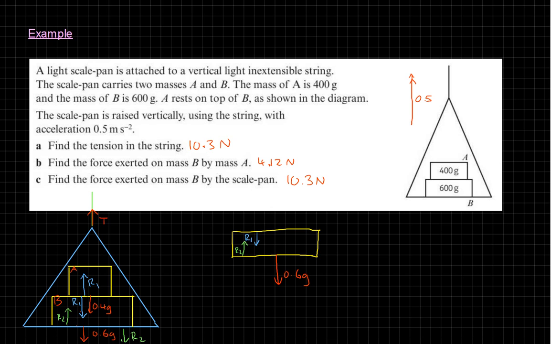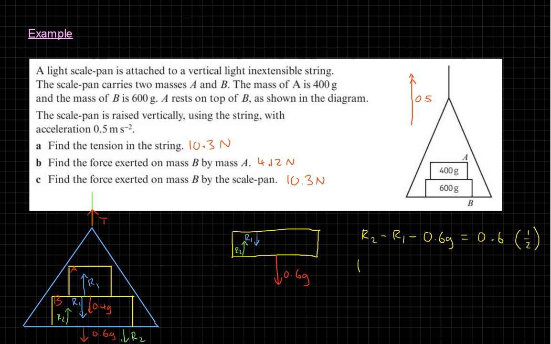Let's resolve with F equals ma. So we'll have R2 going upwards, minus R1 downwards, minus its weight, 0.6g, and that's equal to, well, what's the mass of the object? It's 0.6, and the acceleration is still a half. So it's 0.6 times a half. Now, R1, we worked that one out earlier, didn't we? That was 4.12.